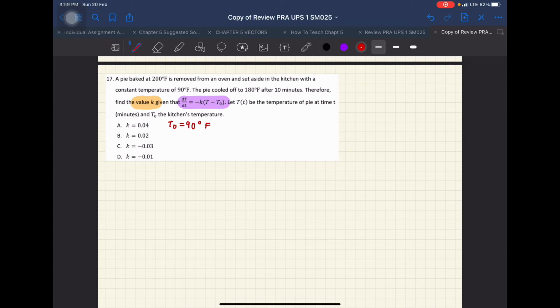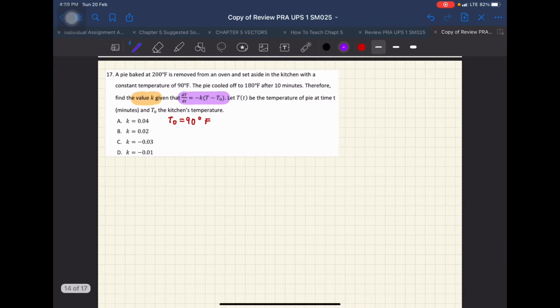Okay, so soalan minta kita cari apa tadi? Value of K. Okay, so ada dua information yang soalan bagi kat kita. So the first one, dia kata mula-mula pie tu dibakar dengan suhu 200 degree Fahrenheit. Okay, and then it is removed from the oven. So that is actually T0. Okay, so at t equal to 0, not T besar, it's t kecil, the time, t kecil equal to 0, T besar, the temperature is 200 degree.